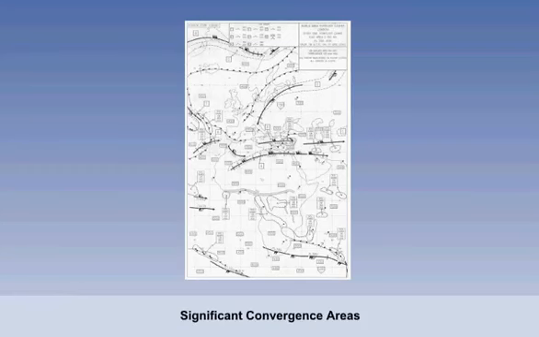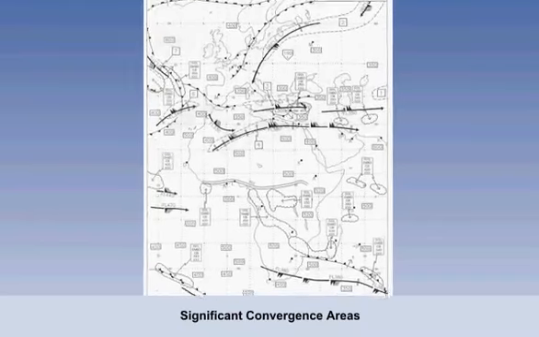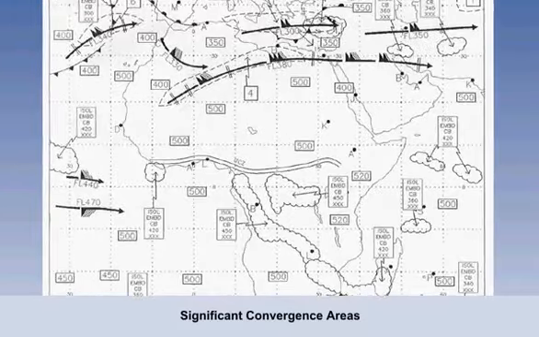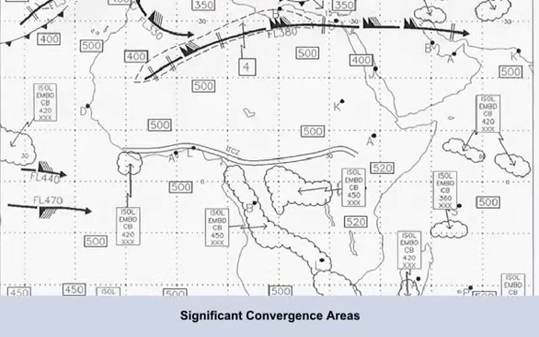In regions of the world where there is significant convergence of nearly diametrically opposed winds, it's common to have a significant development of cloud. These regions of the world are explicitly highlighted on WAFC SIG weather charts because they're often associated with areas of significant weather and abrupt changes in wind direction.